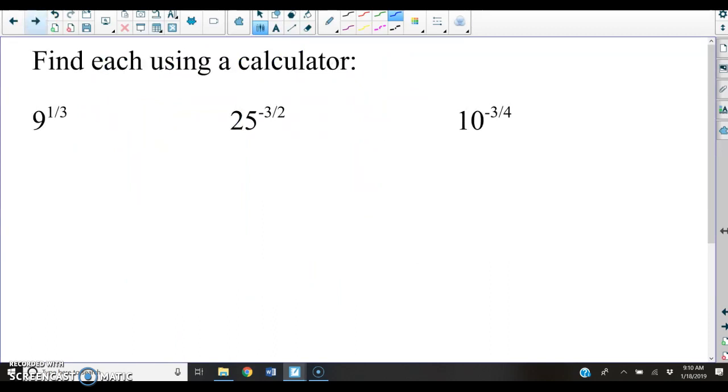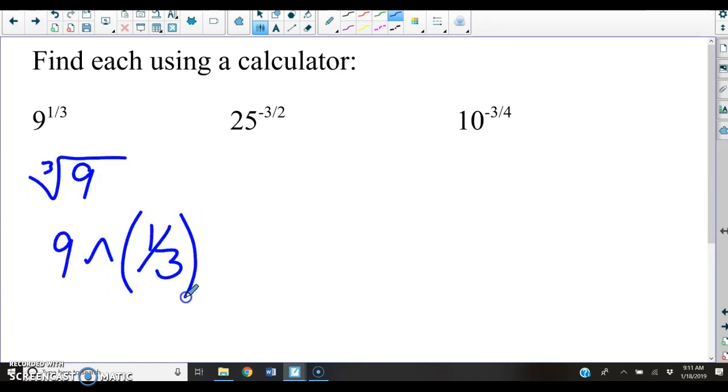Okay, now this part you're going to be using a calculator. So this one would be trying to find the cube root of 9. If you put it on your calculator, you can do 9 raised to the 1/3. Okay, don't put 0.3. Use the 1/3. Okay, this one, I hope you already realize it's going to be 1 over.